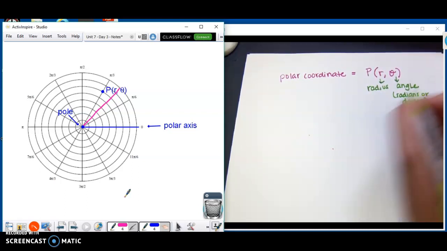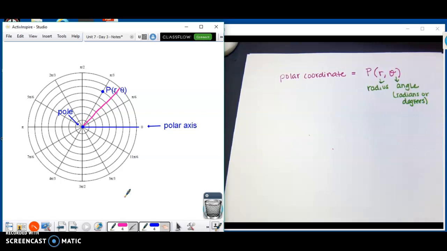Most of the time radians, just like you use on your unit circle. Instead of your x-axis, this is called your polar axis here. And like I said, your pole is your origin.